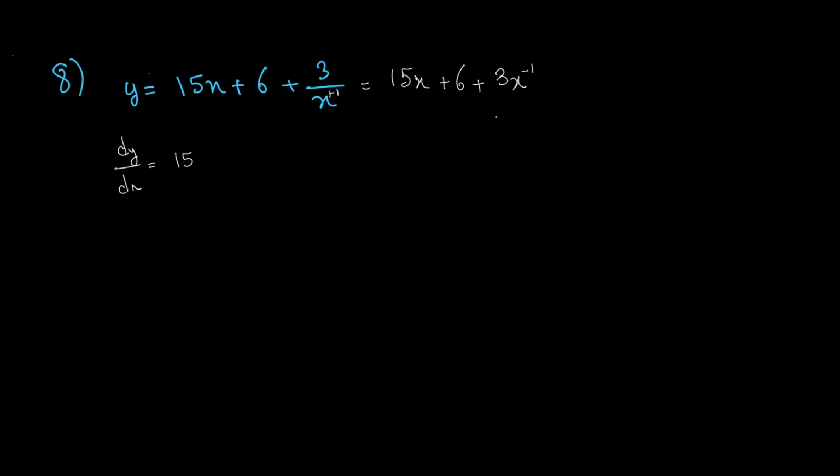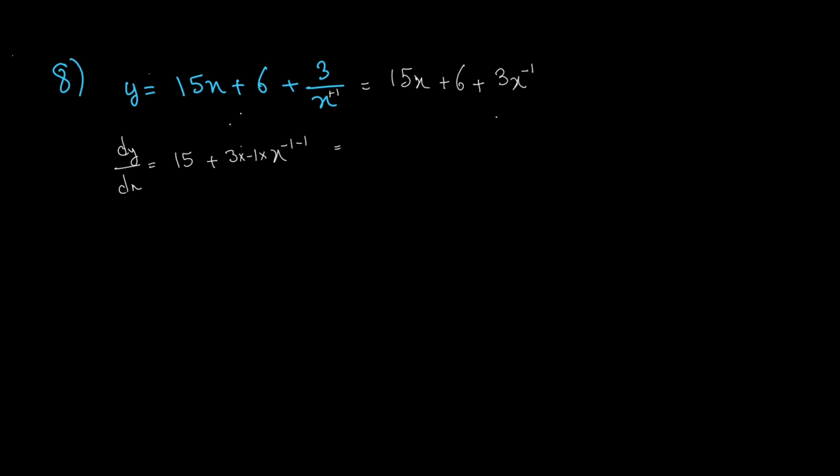And now here 3 is a constant, so we'll write 3 in front. We have x to the power minus 1, here the power is minus 1, so let's multiply minus 1 here on the left, and then the power of x after differentiation will decrease by 1, so minus 1 minus 1.